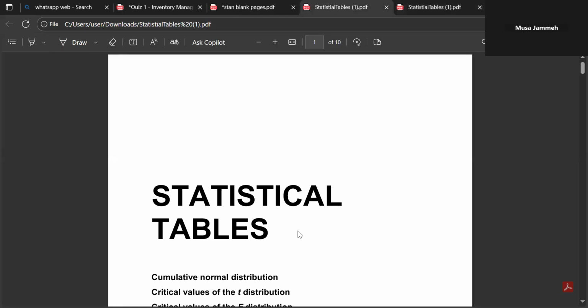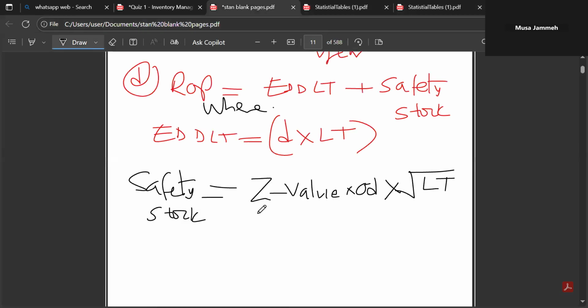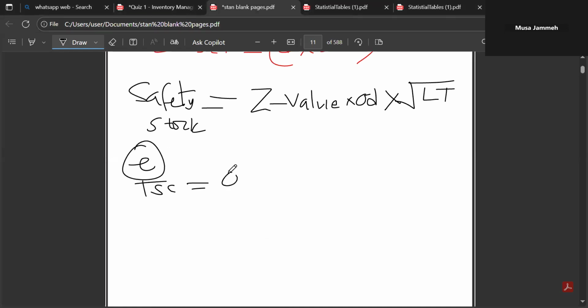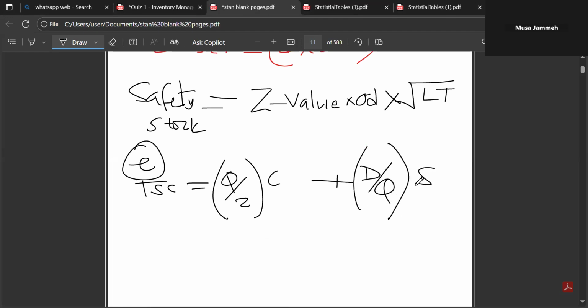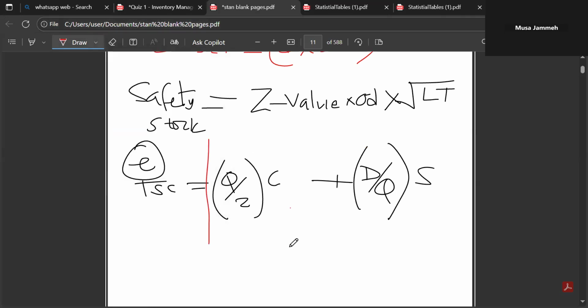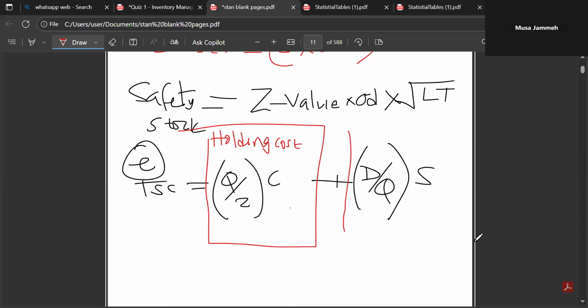All right, so let's move on. We can now look at the total stocking cost, which is Q over 2 times C plus D over Q times S. This is the annual holding cost, and this is the ordering cost.